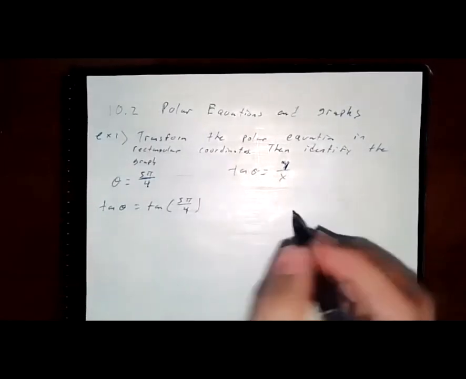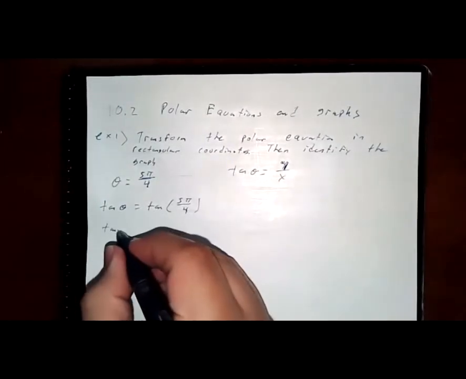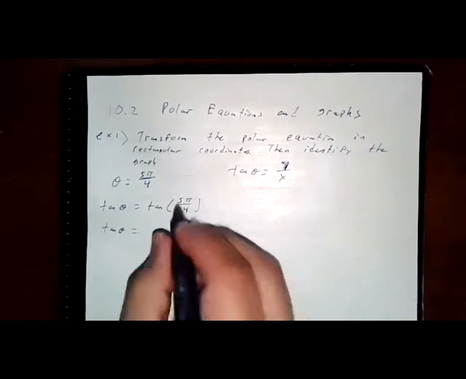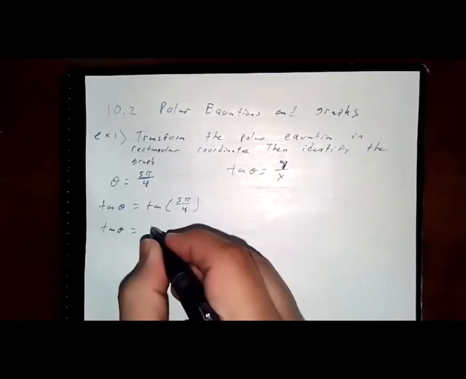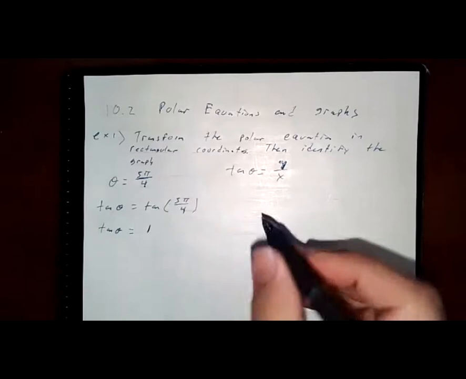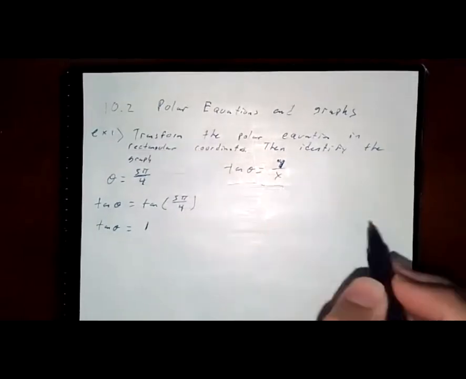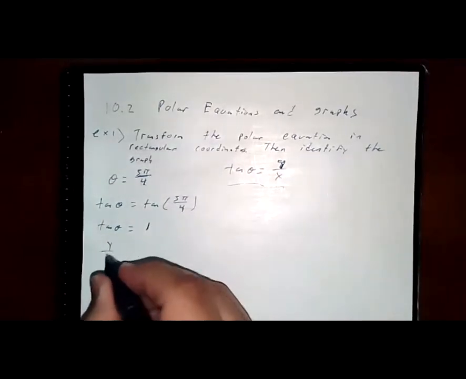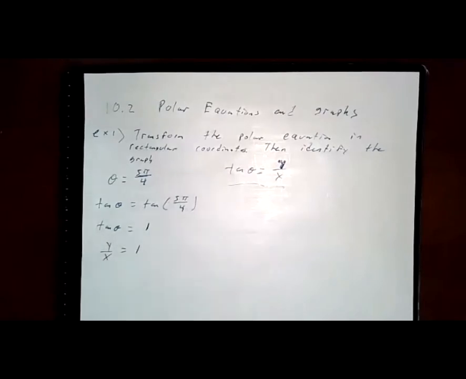Tangent of 5 pi over 4, I believe, is equal to 1 on your unit circle. But I also know that tangent is y over x, so y over x is equal to 1. Does that make sense?